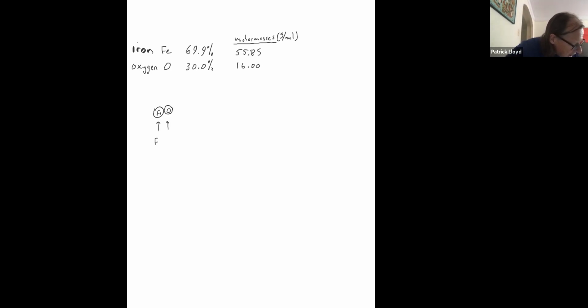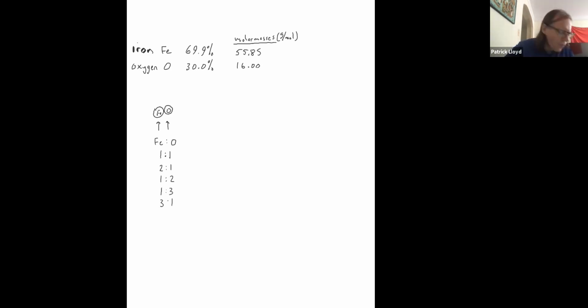So how many irons to how many oxygens? And here are some possibilities. It could be 1 to 1. There could be 1 iron for every oxygen. Maybe there's 2 irons for every oxygen. Maybe there's 1 iron for every 2 oxygens, or 1 to 3, or 3 to 1.